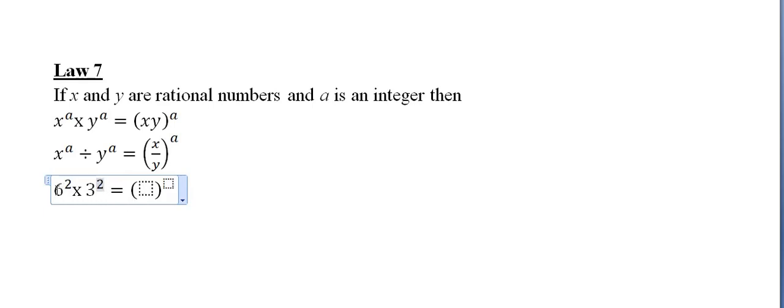So when we simplify this, this power will go outside the bracket, and 6 threes are 18. So this is what is happening here.